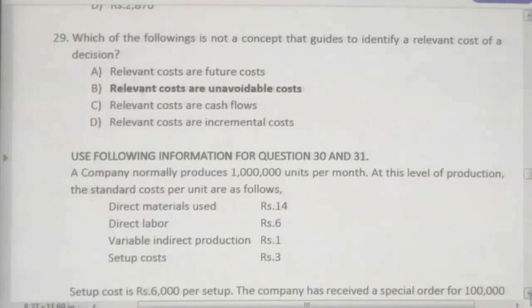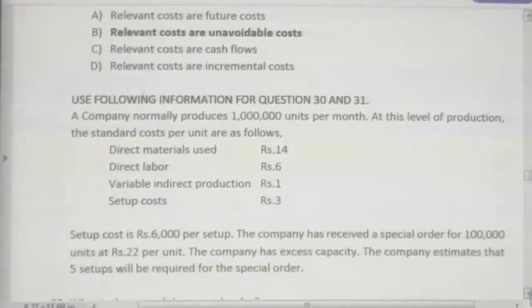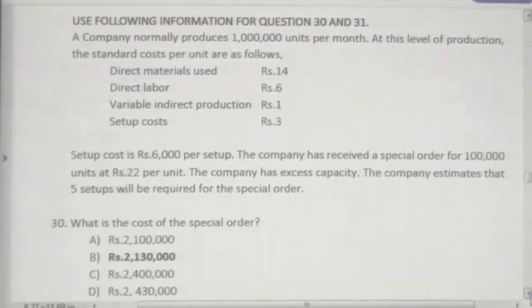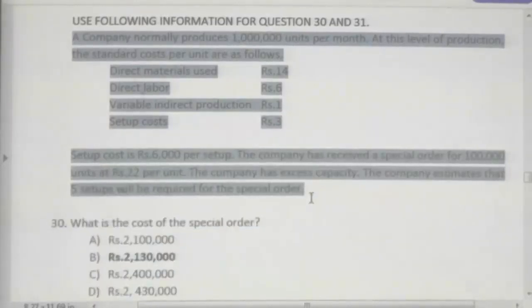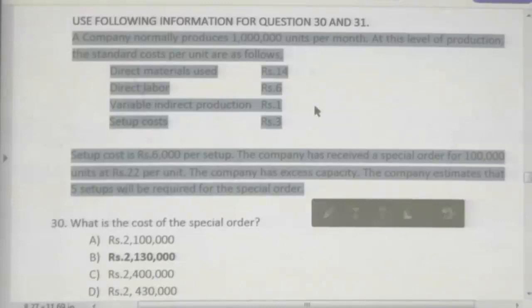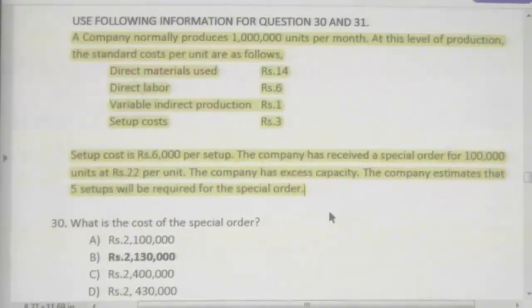Now, for question number 30 and 31, we have to use the information given here. Let's read this information, because for both question number 30 and 31 we have to use it, right? A company normally produces 1 million units per month.